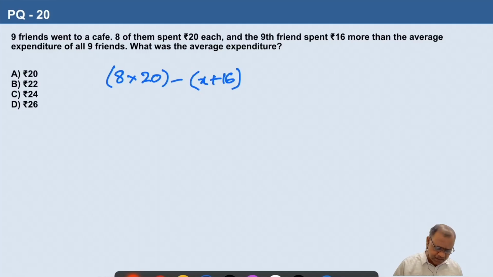Now, if you add, this becomes the total of all the 9 friends. So, let us divide this. There are 9 friends total, so divide by 9. This equals the average of all the 9 friends, which we assumed as x.